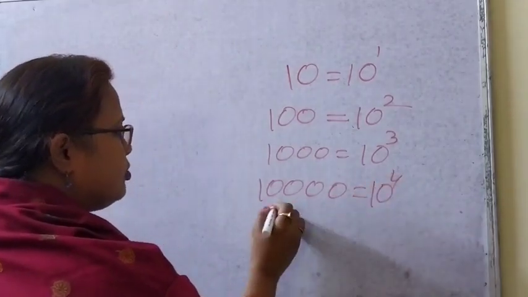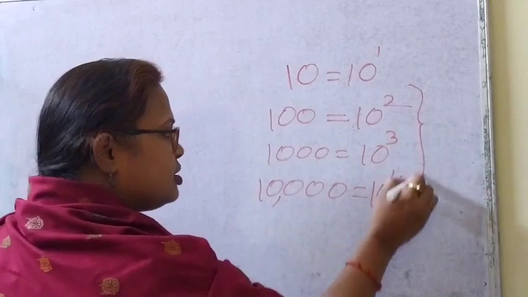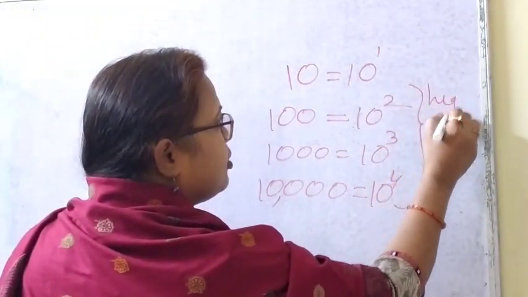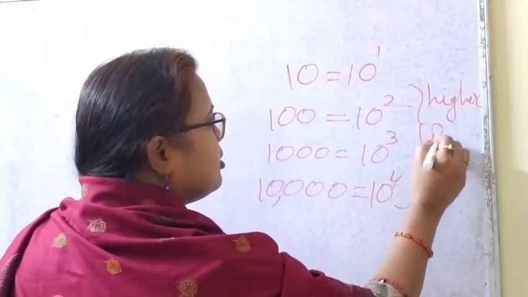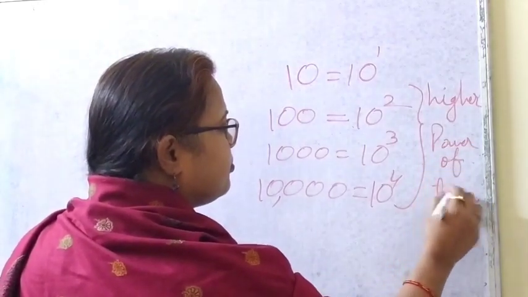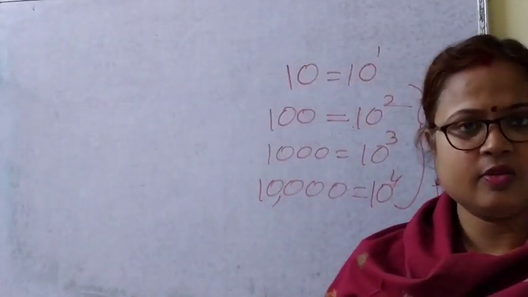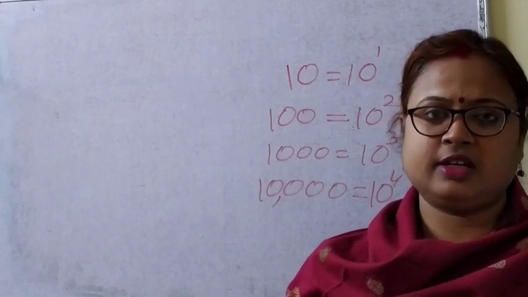And so it is 10 to the power what? 4. So this is called the higher power of 10. Okay? So decimal fraction is a fraction whose denominator is 10 or the higher power of 10.